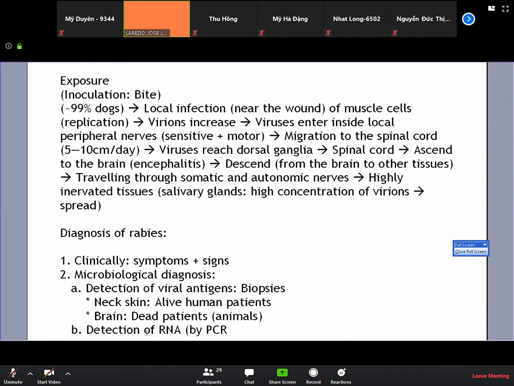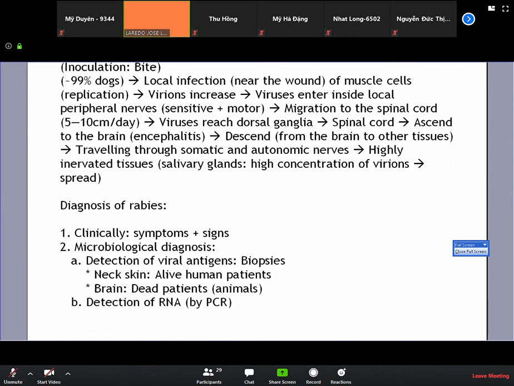The detection of the RNA is possible in the biopsies, so in the biopsy of the neck or the biopsy of the brain, and detection of the RNA is also possible now in saliva, because the concentration of viruses in saliva is very high. So PCR.